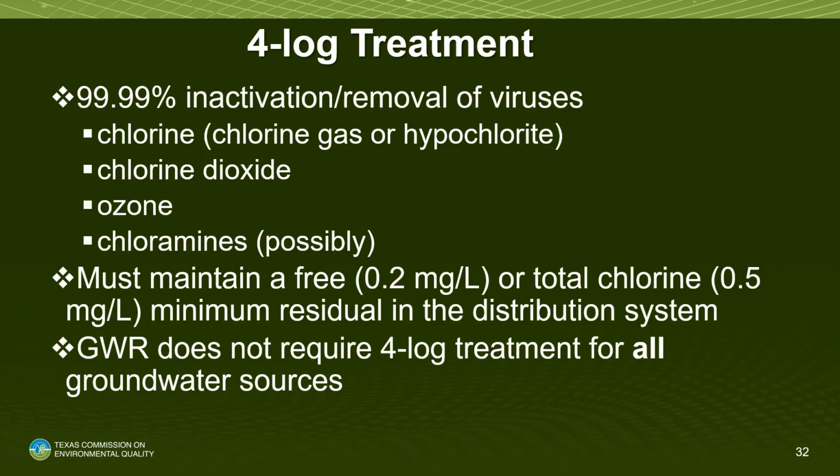Out in distribution, free chlorine is 0.2, chloramine is 0.5, so you could do your CT study and it could come out and say, hey, you just have to have 0.02 in that tank and you've got 4-log treatment. But if that's the case, you have to know that before the water enters the distribution, you have to boost it. You've got to have a booster outside of that tank to get it up to the 0.2. Otherwise, you're going to have compliance issues with that DLQOR requirement.